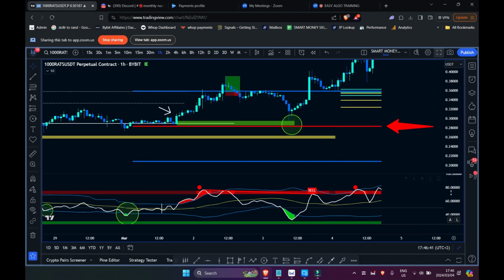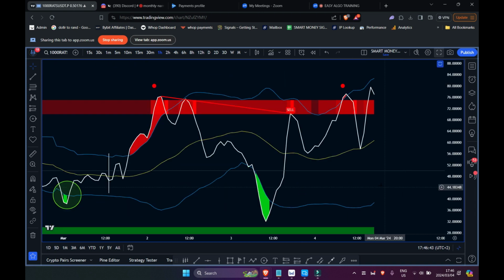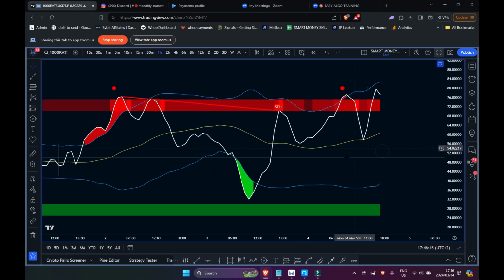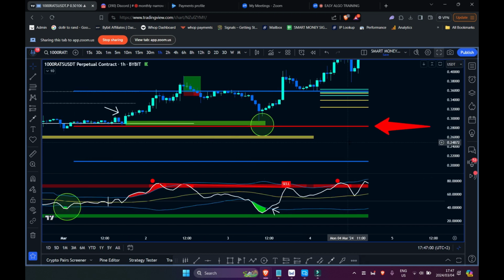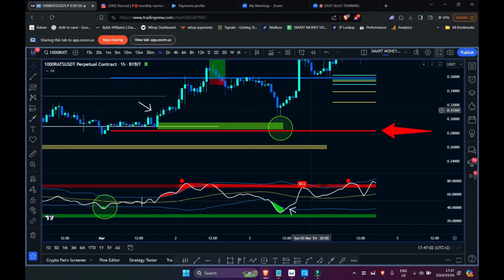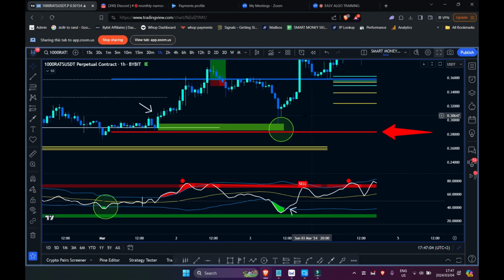But then for more confirmation, we would have opened up our beautiful TDIX, and we can see over here we got this lovely shark fin, and we would have waited for price to come back into the band. So as price returns back into the band over here, this is the point where we can look to enter, and especially over here, because we would have seen that at this point it's still bullish.